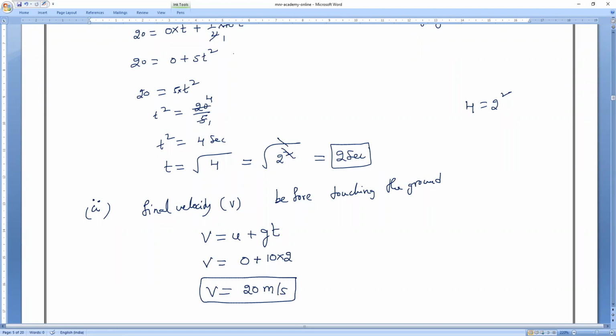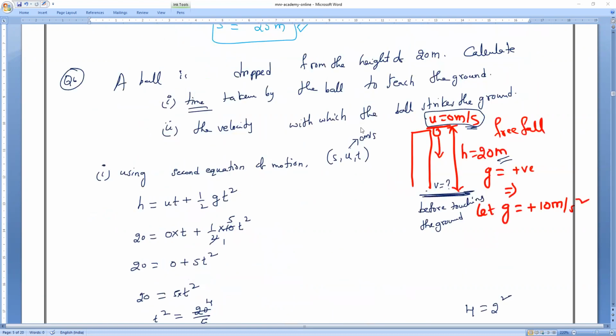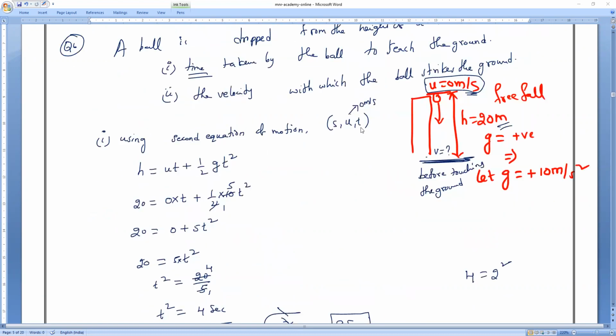In this question, any doubt, kindly let me know. Clear? Sangamitrai, Sailesh, Kishore? Sir, we need to find the final distance only, no?